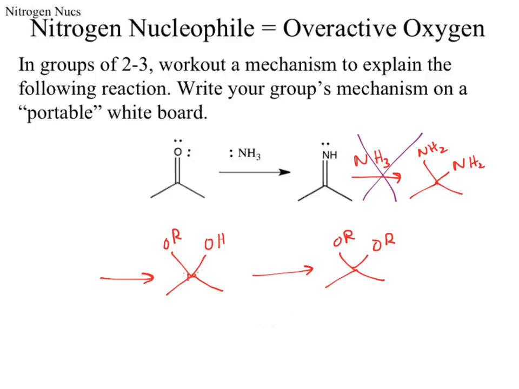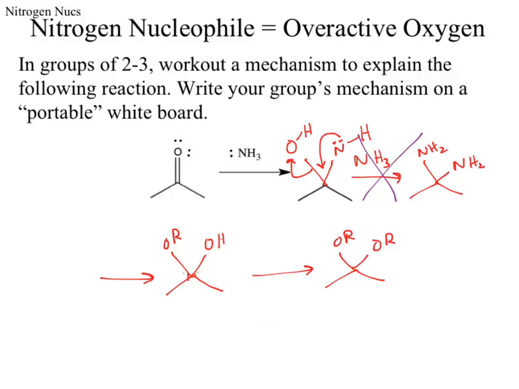So what happens at that initial stage is that our nitrogen can very quickly donate electrons in and kick out our leaving group to take us to the imine. And it is stable at the imine because nitrogen is a better nucleophile than our oxygen.